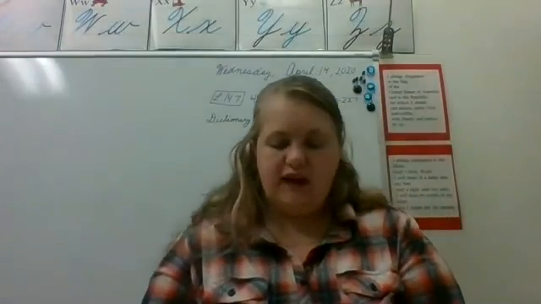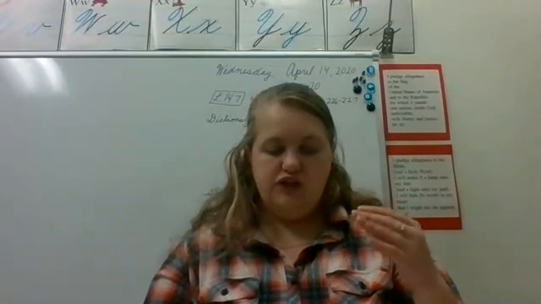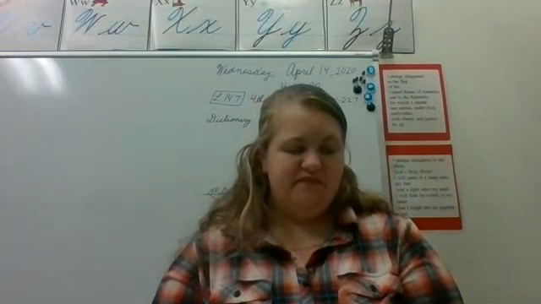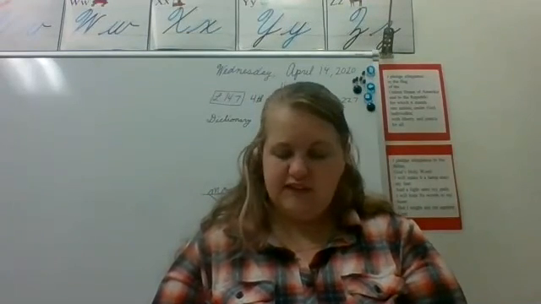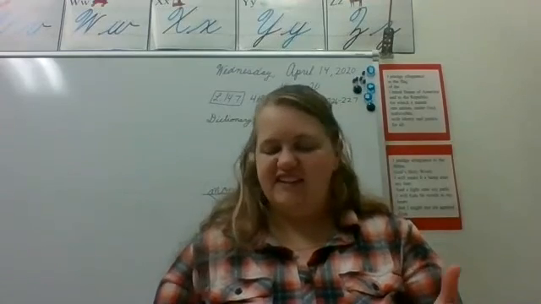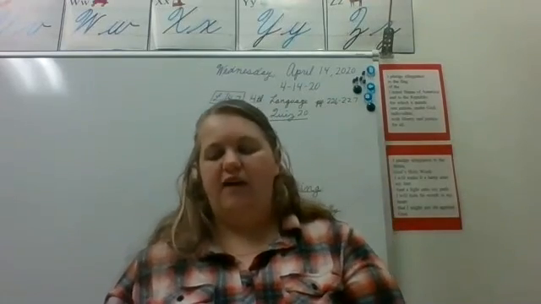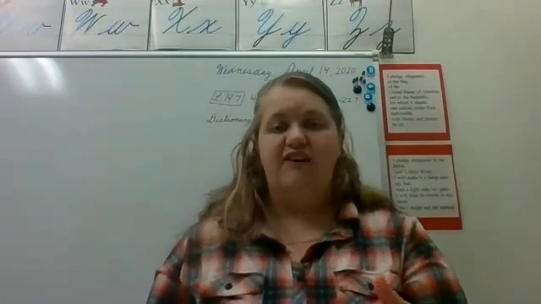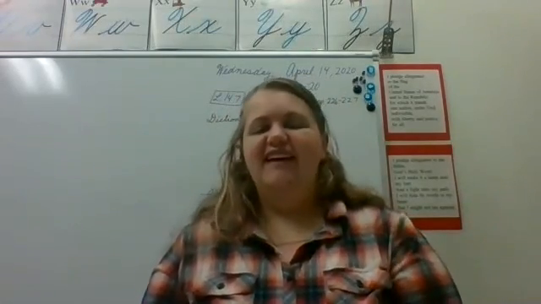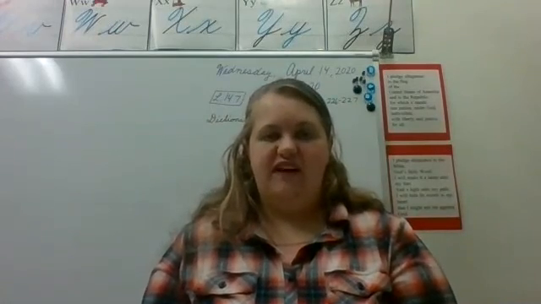But make sure that you are doing your best, that you're trying to find these in the dictionary. Don't give up. I know things can be a little difficult to find in the dictionary, but just go letter by letter, okay? And you'll be able to find it.